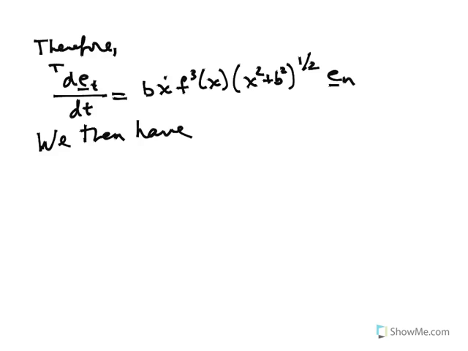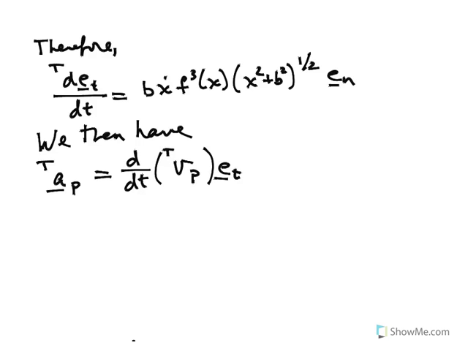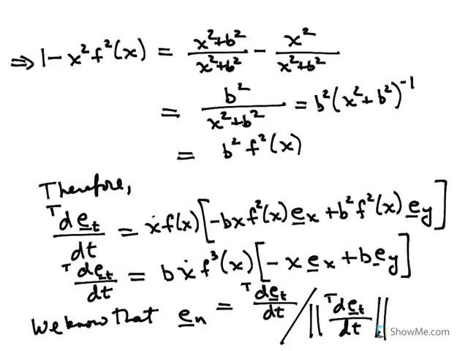which then implies that the acceleration of point P as viewed by an observer fixed to the track is equal to the rate of change of the speed times the tangent vector plus the speed times the rate of change of the tangent vector relative to the track, which is equal to d dt. And now let's go back and get the speed.